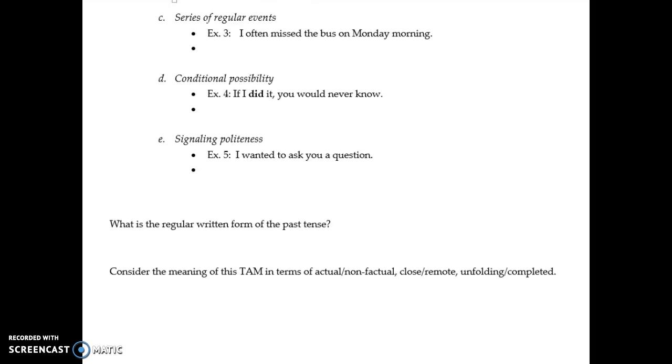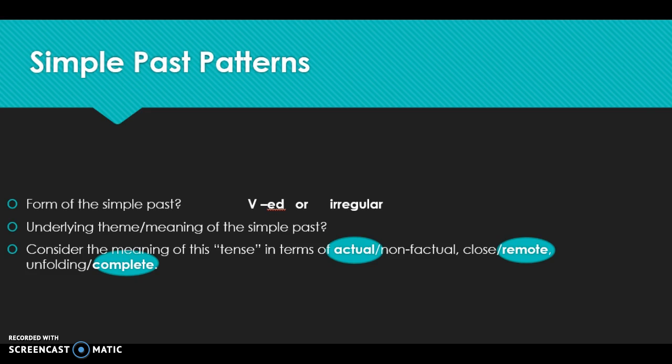Take a moment to write the regular written form of this simple past tense, and consider the meaning. So the simple past can be made by adding the ed to the written form, or it might be an irregular verb. So what are some underlying meanings or themes?